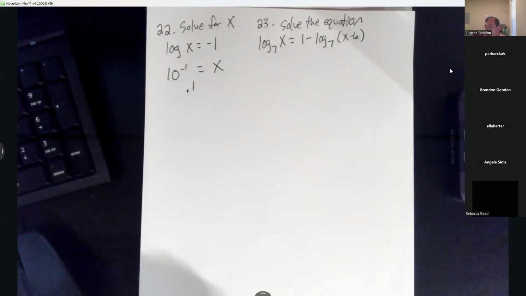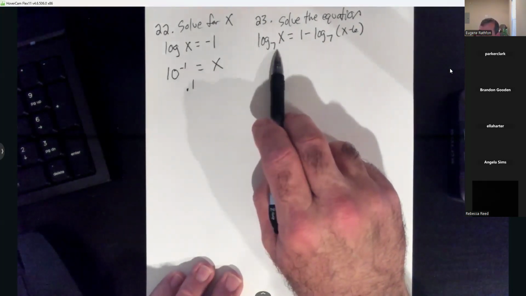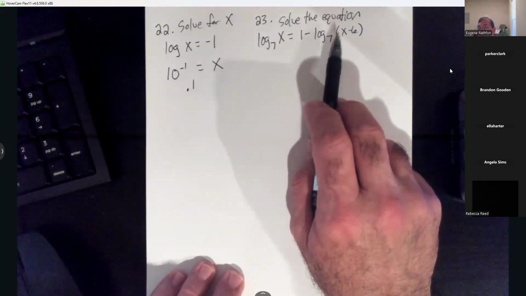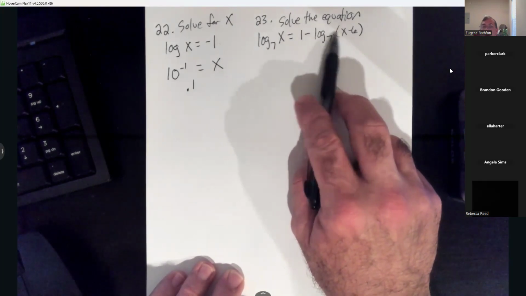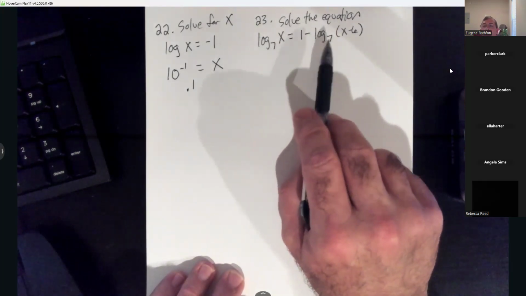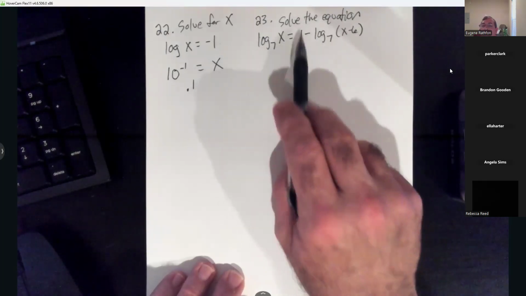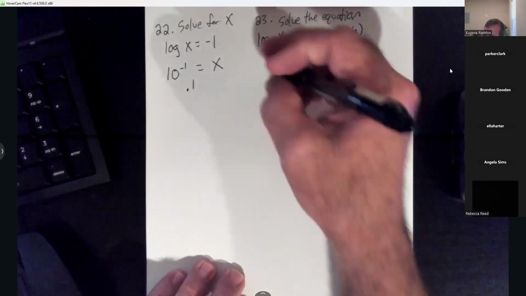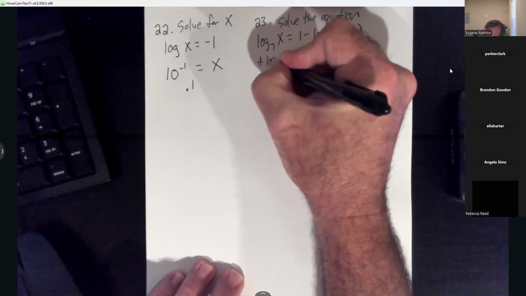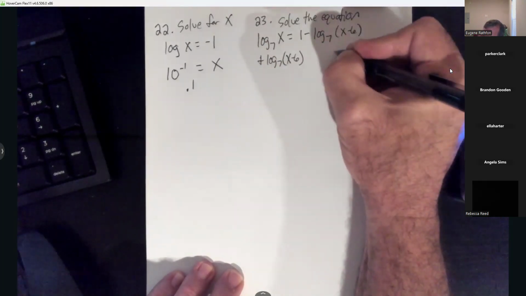For number 23 here, I've got a log on this side, but I've got a number and a log on this side. So my first step would be to get all the logs on one side. So I'm going to add log base 7 of x minus 6 to both sides so that I can get all my logs on one side, okay?